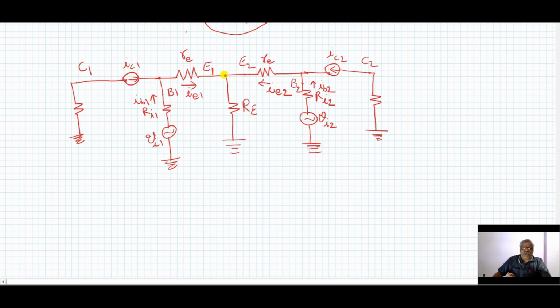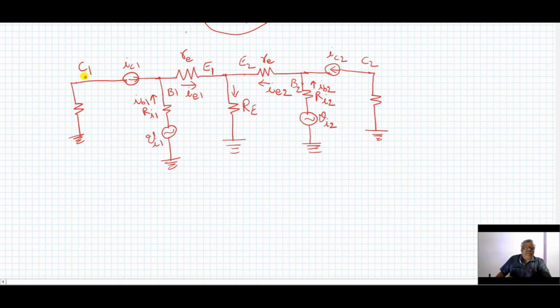Now if you consider this node, that is the joining place of both emitters, because it is an emitter coupled differential amplifier, the currents entering are IE1 and IE2. So the total current flowing through this RE will be the sum of these two currents. If two transistors are identical, then the current flowing through this will be equal to 2IE. That we can write whenever it is required.